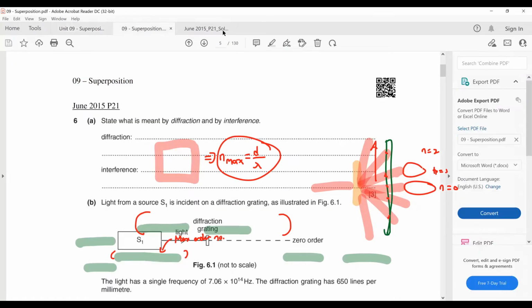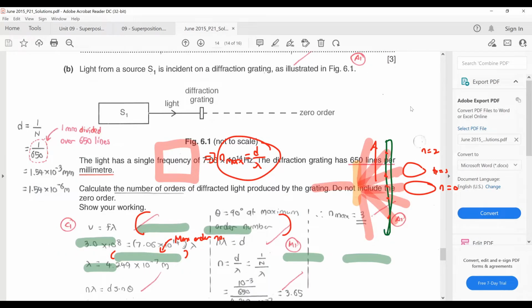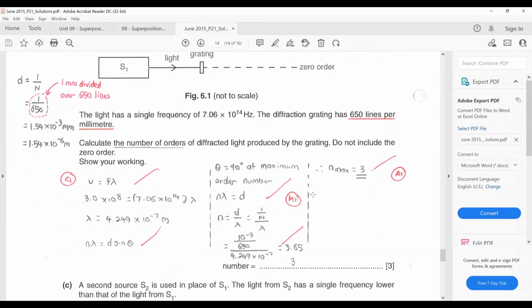So then you look at this question now. They want the maximum order number. You know that this one is a diffraction grating, so you need to use n lambda equals d sine theta. I mentioned to you that at maximum order number, theta will be 90 degrees.